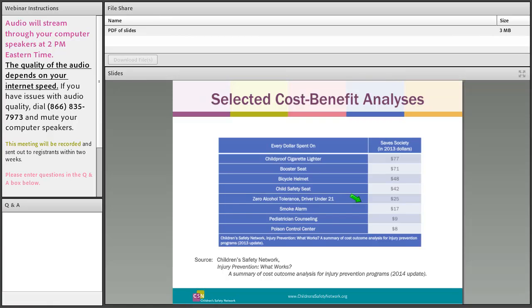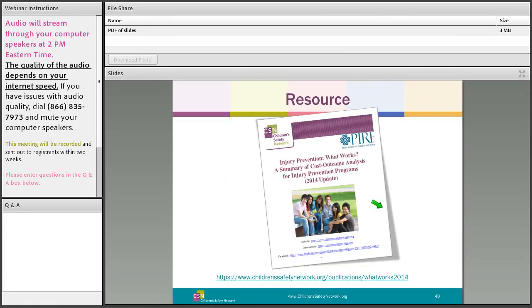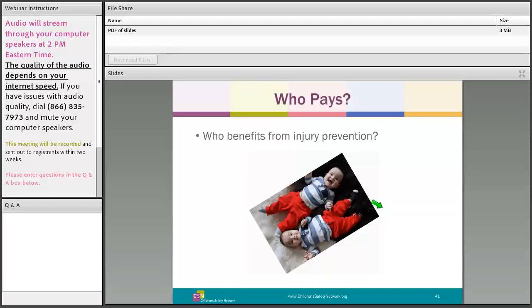So every dollar spent on a child-proof cigarette lighter saves society $77. Or let's say every dollar spent on a smoke alarm saves society $17. Dollars talk, and it's one way of communicating that. And this is that resource, and the link to the resource on our Children's Safety Network website.